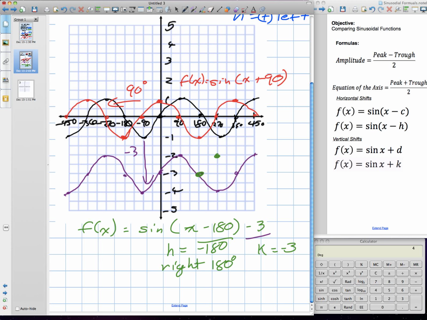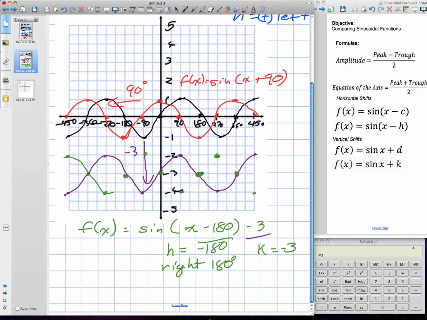So I'm now at 270. 180 plus 180 is 360. I'm over here. What are we doing? Same wave. Okay. We're just moving it to the right 180 degrees. If I go from negative 90, I go over 180. Here's 90, 180. I go back up. And if you notice, it kind of creates a neat design here.